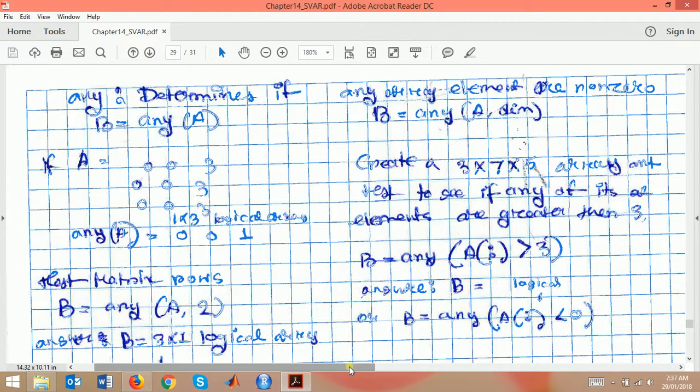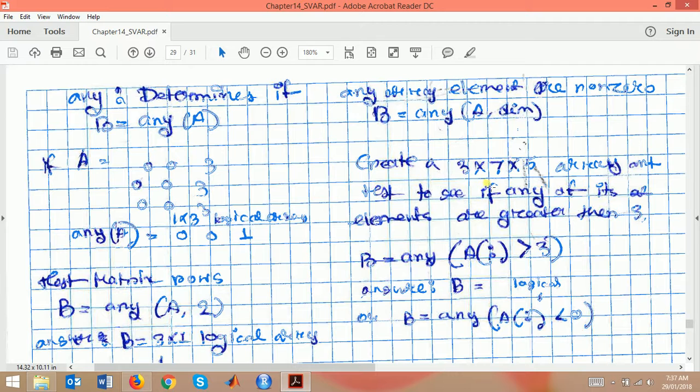So b equals any(a) determines if any array elements are non-zero. If you have a equal to 0, 0, 3, any(a) gives a logical array where the first two columns are 0 and the third one is 1.